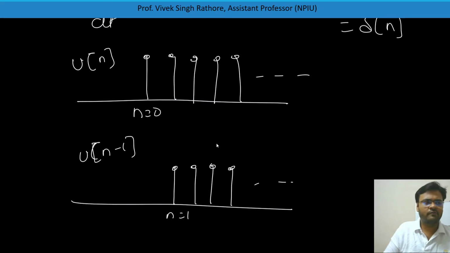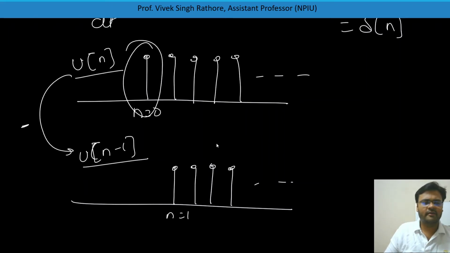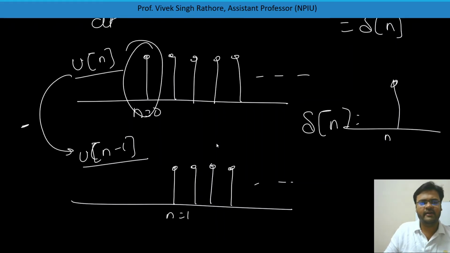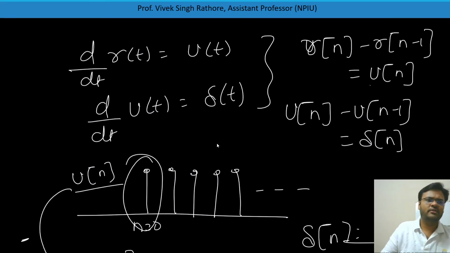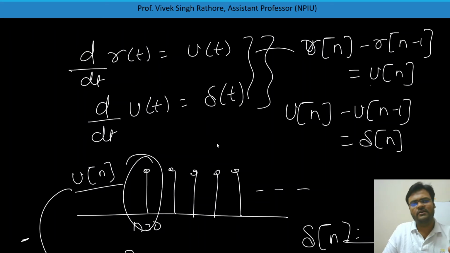Now when we subtract u of n minus 1 from u of n, all the values cancel and only one value remains, and delta n is supposed to exist at n equal to 0 only. So u of n minus u of n minus 1 is delta n, and r of n minus r of n minus 1 is u of n. So the property of differentiation exists in the discrete time domain also.